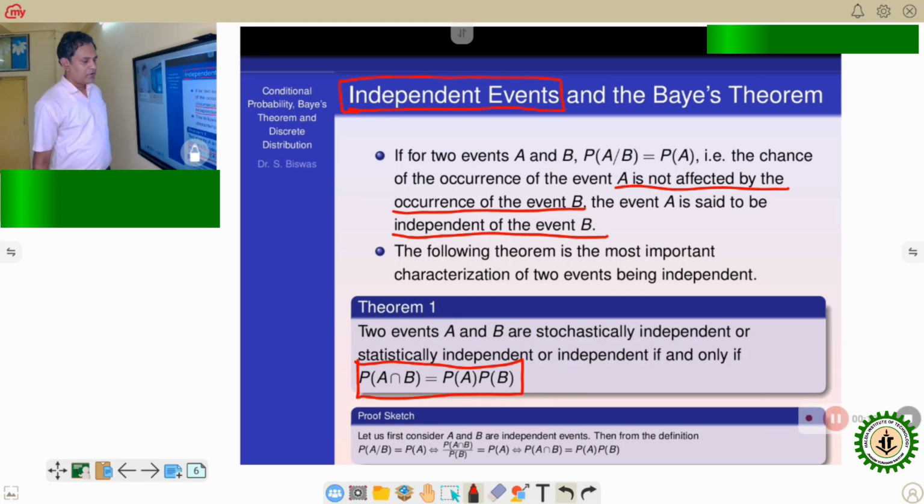Okay, now I have given in very short the proof of this theorem, which is a fundamental theorem. Let us first consider A and B to be independent events.